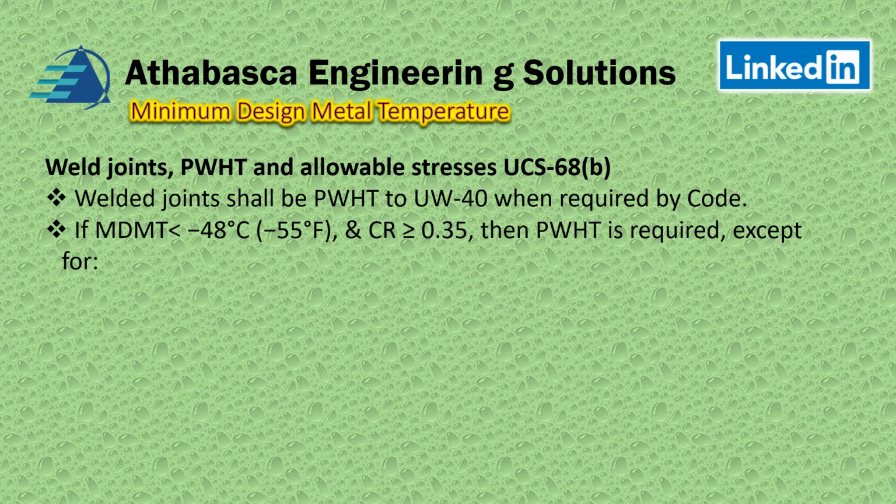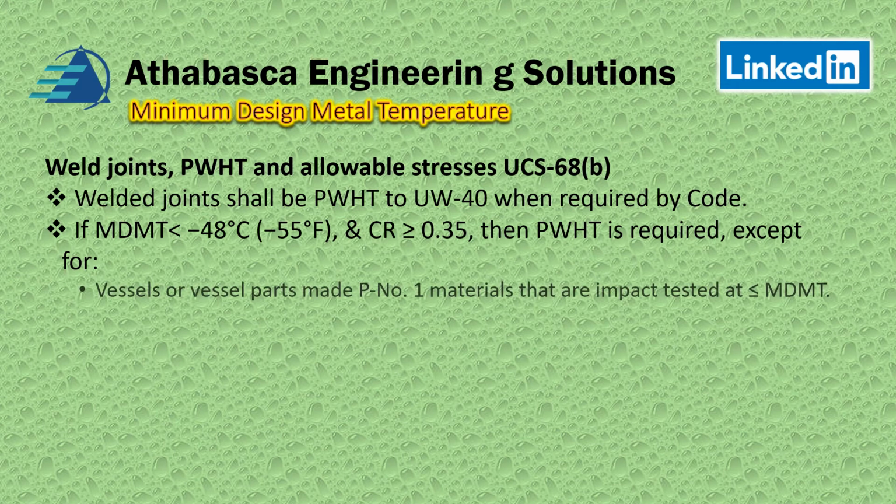And if the MDMT is less than minus 48 degrees centigrade and the coincident ratio is greater than 0.35, then post-weld heat treating is required, except for the following criteria. Vessels or vessel parts must be made of P1 materials that are impact tested at less than the MDMT.